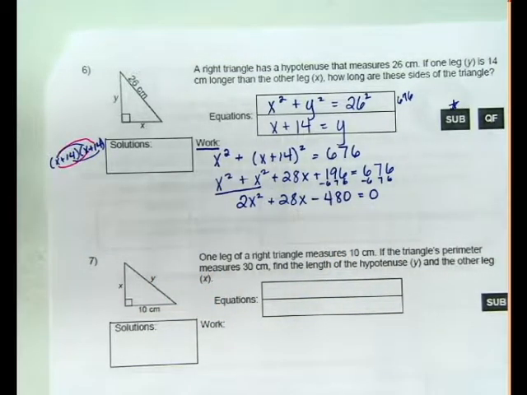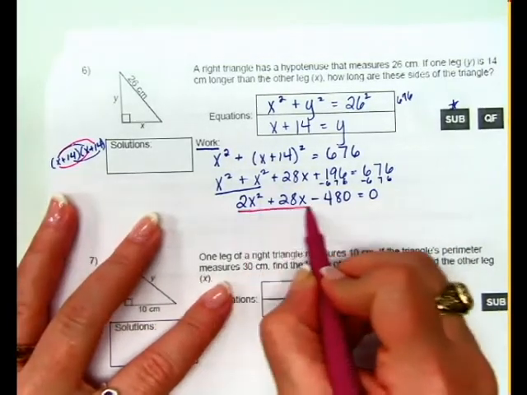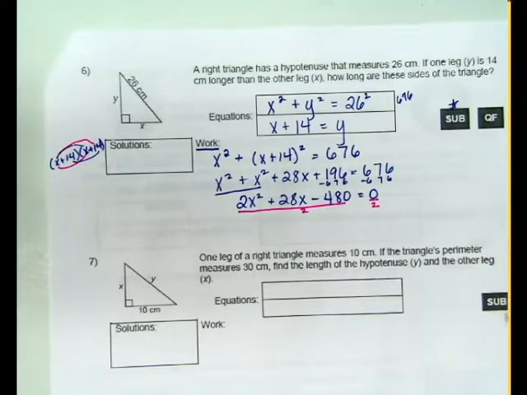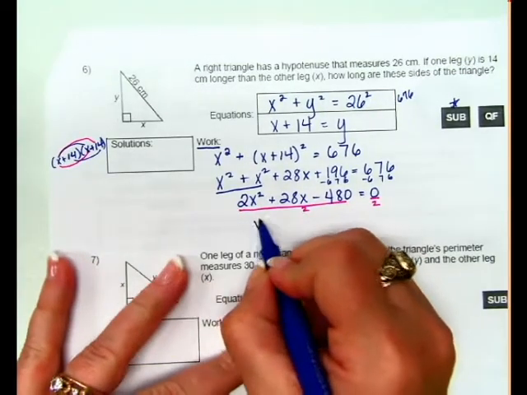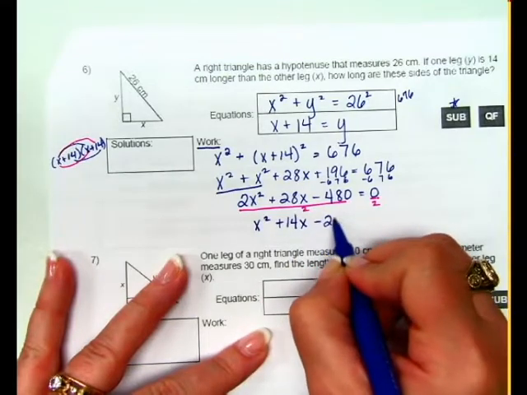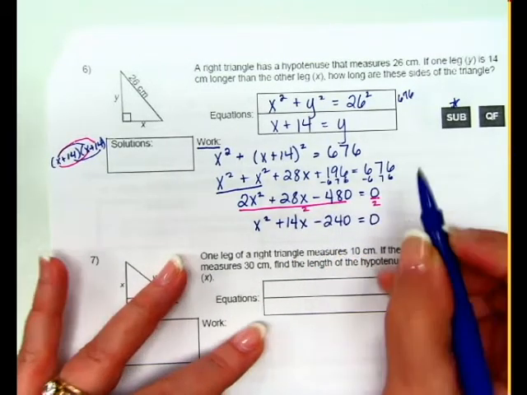You all right? Oh, they can all be divided by 2, and if I want to make my life easier, I will divide them all by 2. Both sides of everything by 2, right? So that gives me, very good.